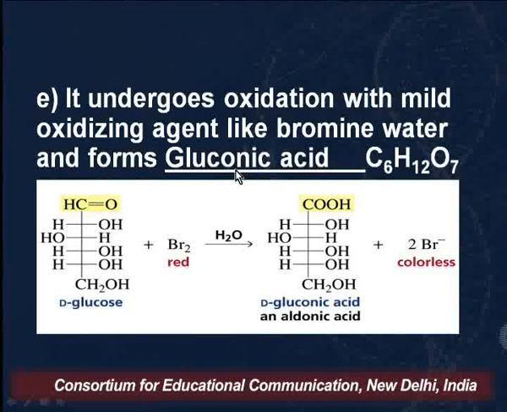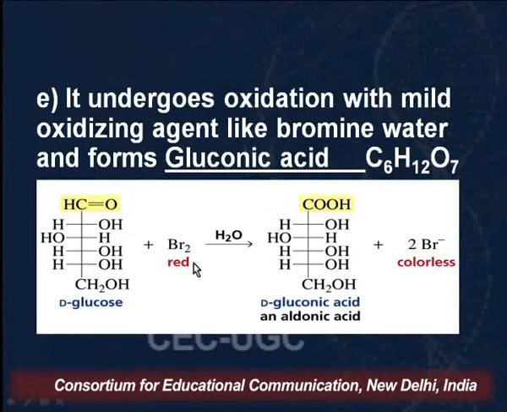So now they had to specifically say that this carbonyl group is the aldehydic group. But when they carried out the reaction with bromine water, they found that this group is being oxidized to a carboxylic group.